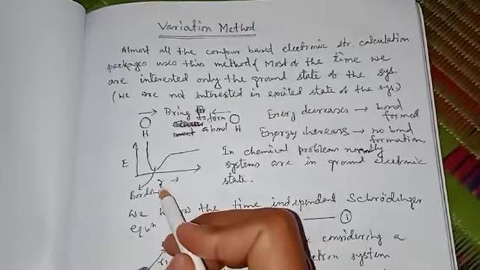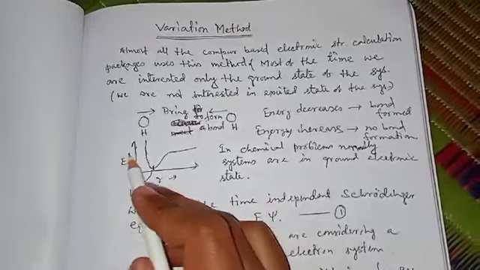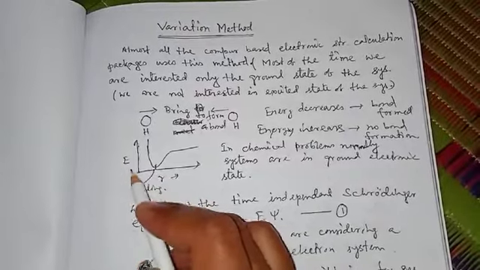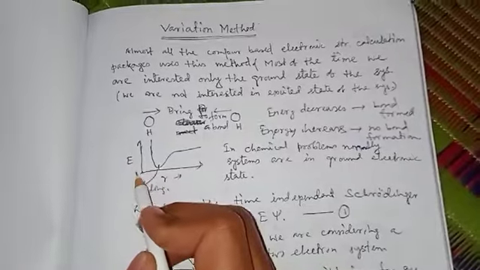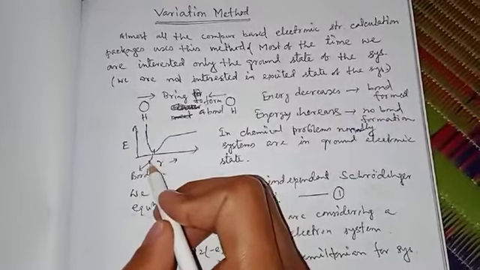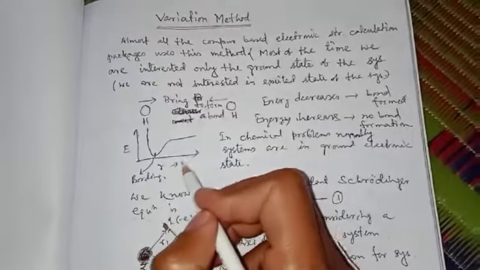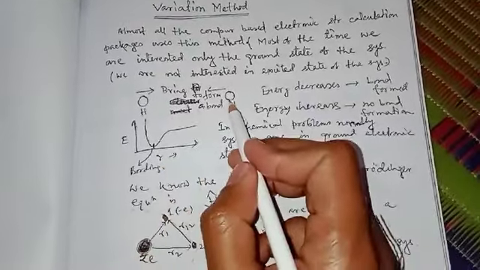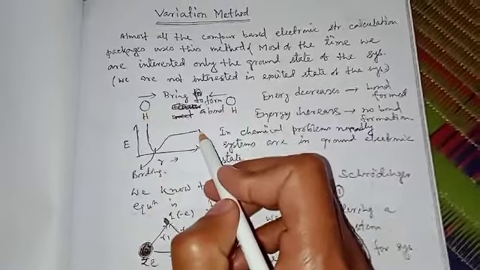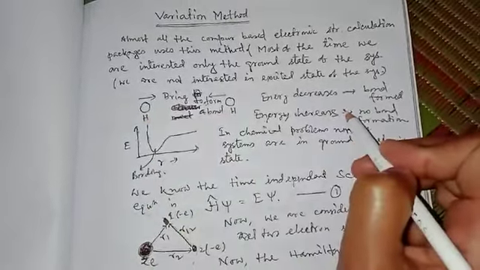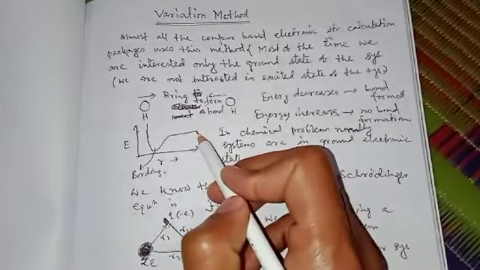This can be represented in terms of an energy profile diagram. An energy profile diagram is basically a two-dimensional diagram having energy on the y-axis and internuclear distance on the x-axis. So R is the internuclear distance. Let's say two hydrogen atoms are at infinite distance here. Then they are brought closer and closer. Then what will happen?